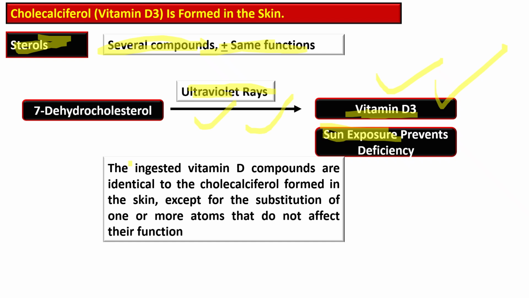The ingested forms of vitamin D compounds are identical to the cholecalciferol that is formed in the skin, except for a few substitutions, and these substitutions do not affect their function.